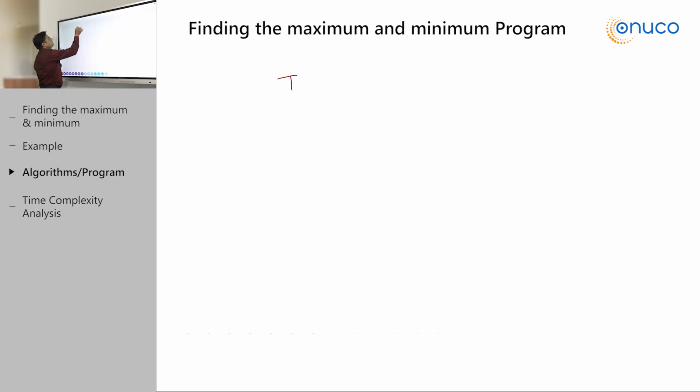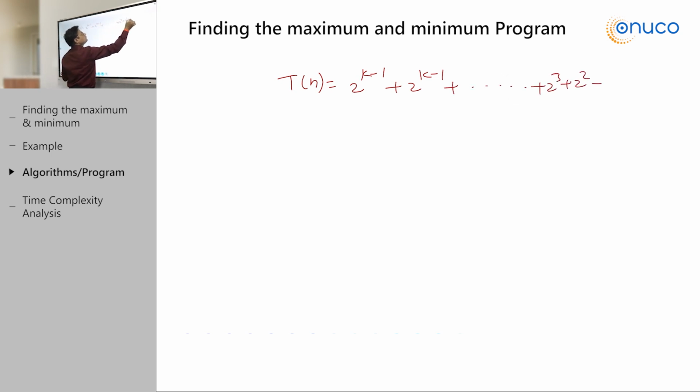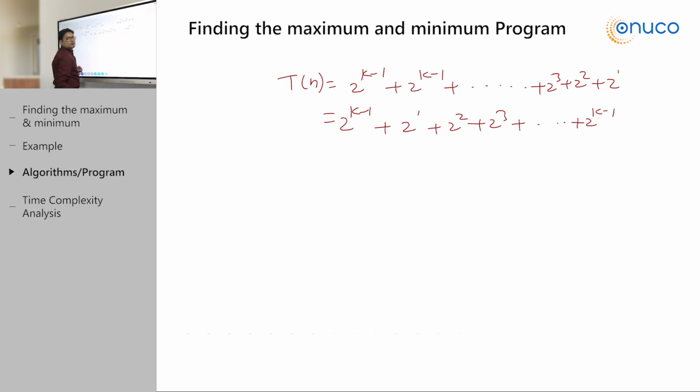Now we are getting the equation T of n is equal to 2^(k-1) plus 2^(k-1) plus 2 power 2 plus 2, right? Can we rewrite it? Yes, 2^(k-1) plus, just take this 2 square, 2 cube, and so on, up to 2^(k-1).